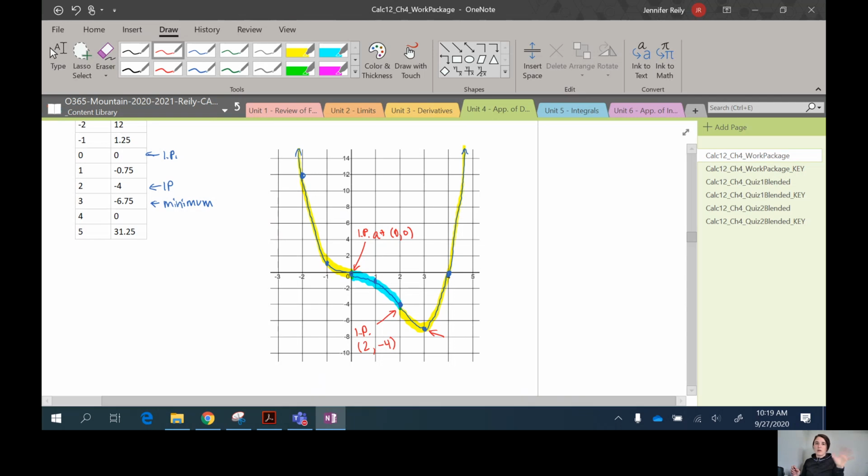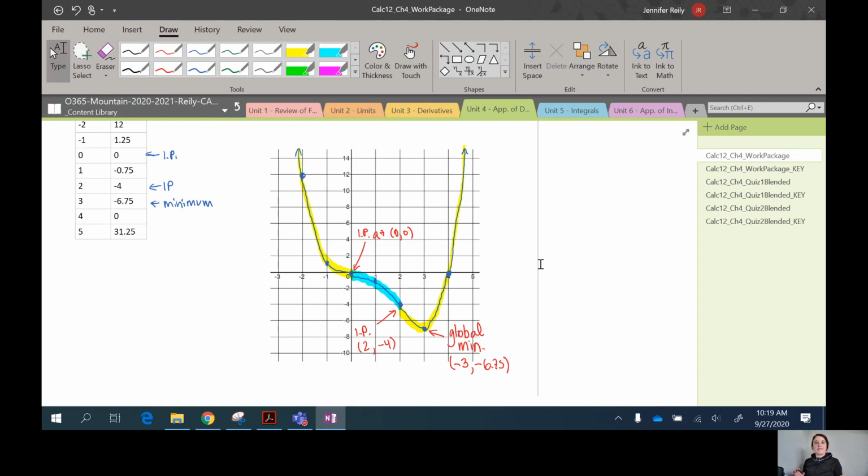From the derivative test, you can't tell whether it's global or local. But now we can tell it is a global minimum at -3, -6.75. Okay, so you need to make those labels at the end because I need to know that you can interpret those points. Okay, so that's the sketch.